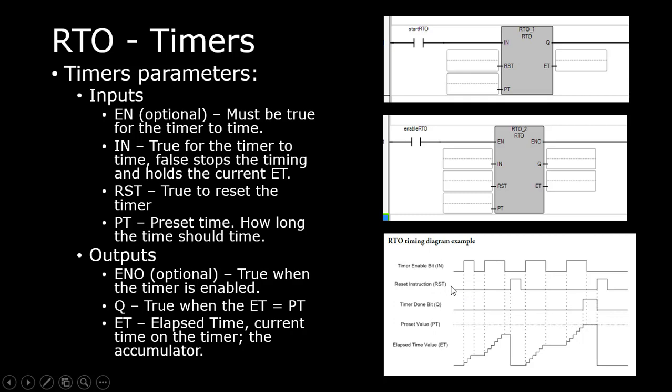You can tell by the timing diagram that this timer will work exactly like a timer on delay, except that when the input goes false, if the timer has not finished timing, it will hold the value of the elapsed time, so that when the input goes true again, the timer will start timing right from where it left off. So it retains the value of the elapsed time.